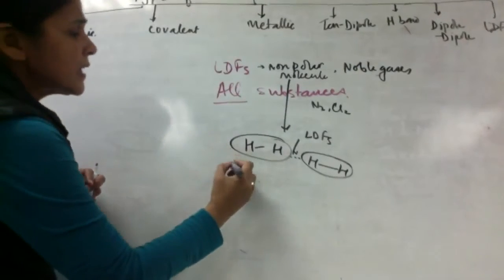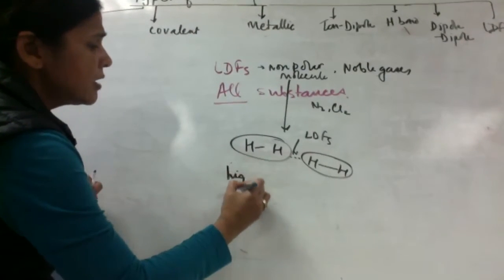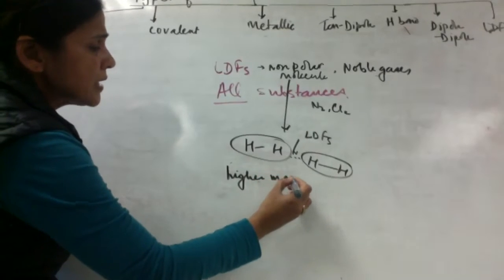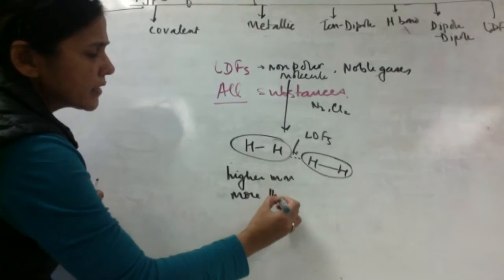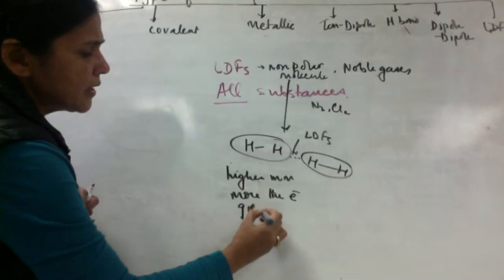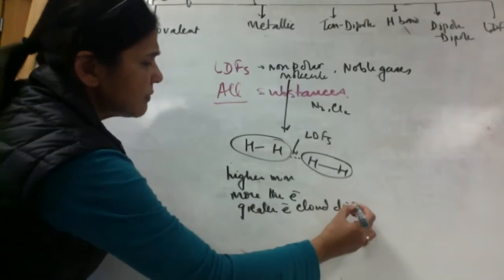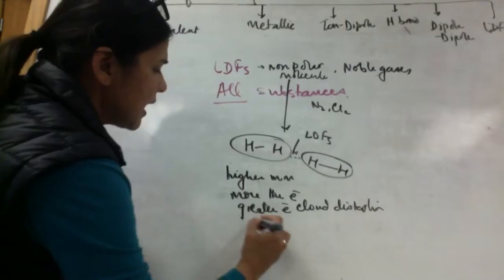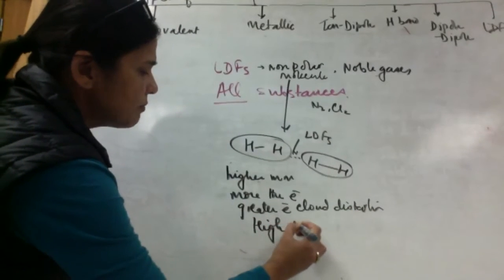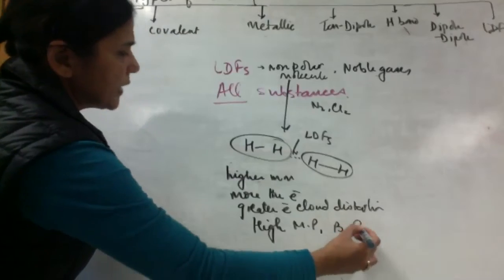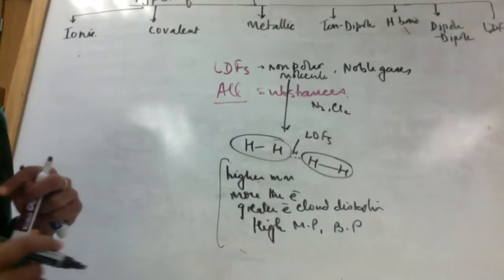And in this case, the higher the molar mass, the more the electrons, the greater the electron cloud distortion, the higher the melting point or boiling point. And that's the reasoning that goes on with that.